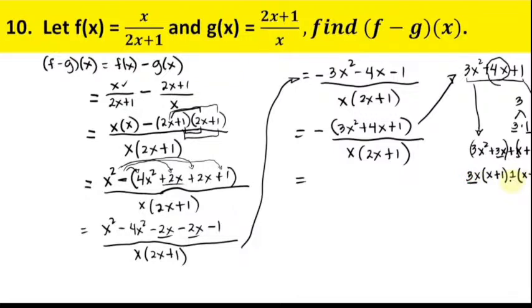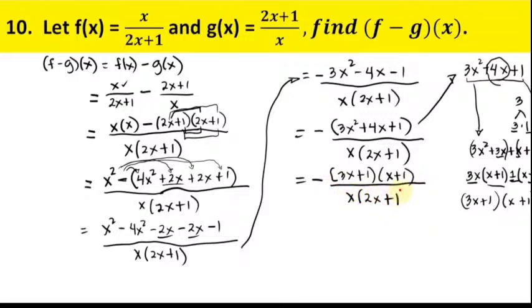Then factor, that is 3x plus 1, and ito isahin lang natin, that is x plus 1. So our final answer is negative 3x plus 1 times x plus 1 over x times 2x plus 1. So ito na yung final answer natin. Ito yung factor niya.